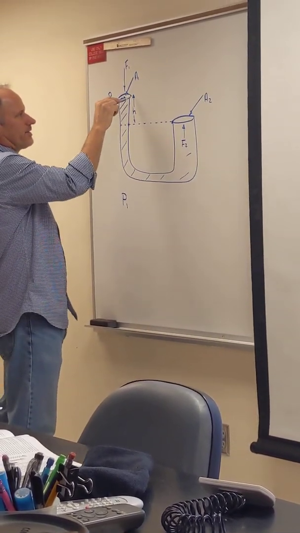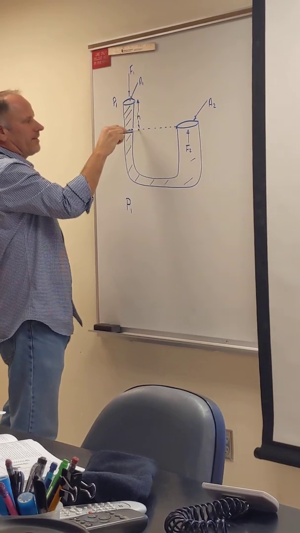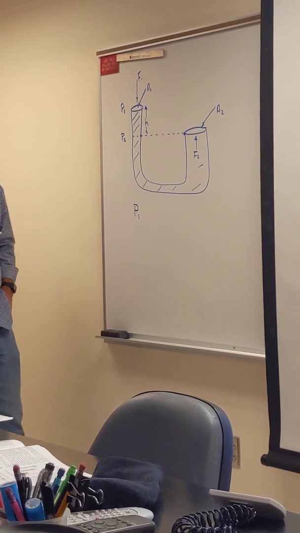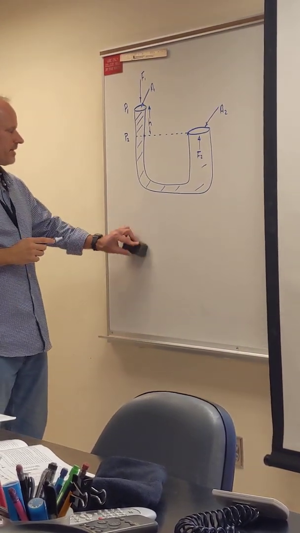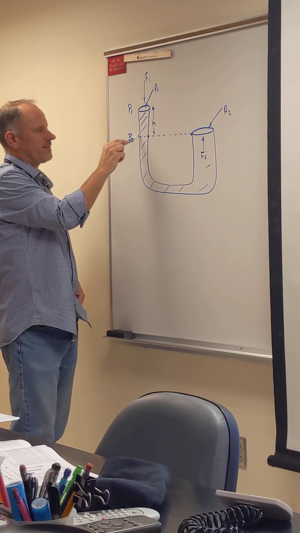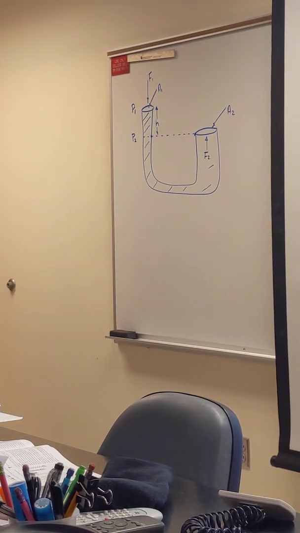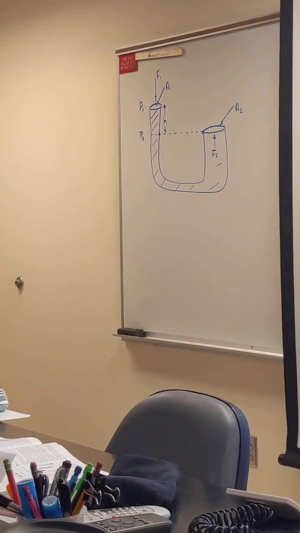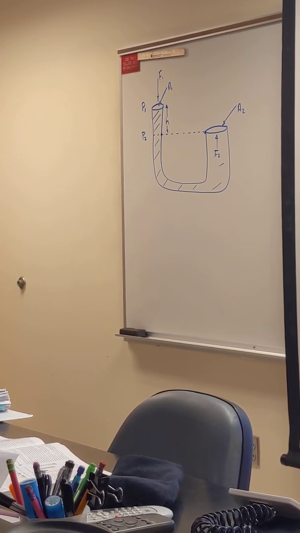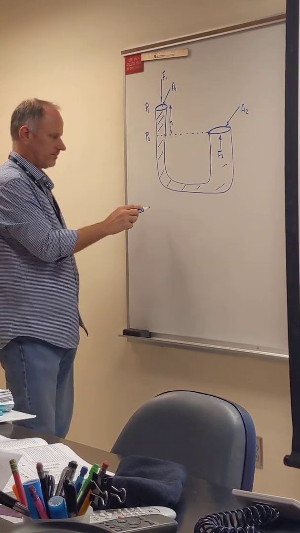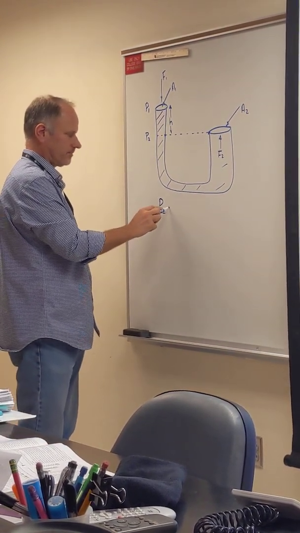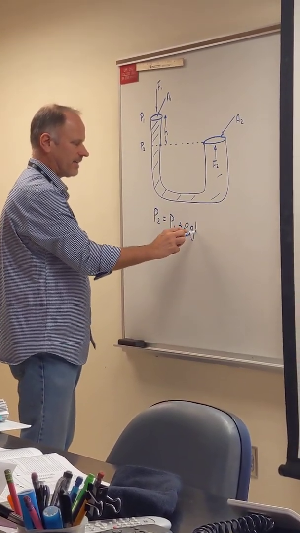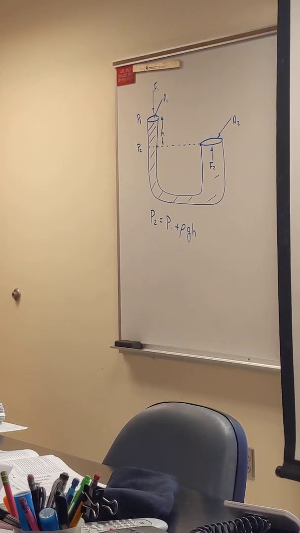And then there's some pressure here, I'll call that P2. And we know how to calculate P2 based on this height difference. How do I do that? P2 equals P1 plus something GH. I don't remember. Plus rho GH. Yes?